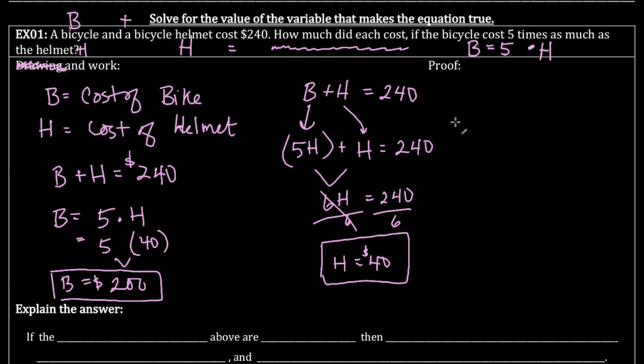So let's provide some evidence. This isn't foolproof, but let's provide some evidence that we might be okay. We take the $200 for the cost of the bike and the $40 for the cost of the helmet, add them together, and we in fact do get $240.